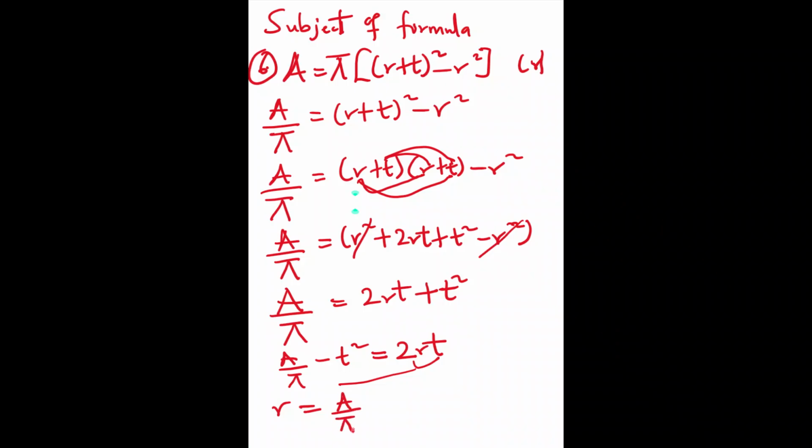So we have r equals a over pi minus t squared, divided by 2t. So if we do it like that, the final answer should be r equals a minus pi t squared over 2 pi t. So that will be the final answer for that one.